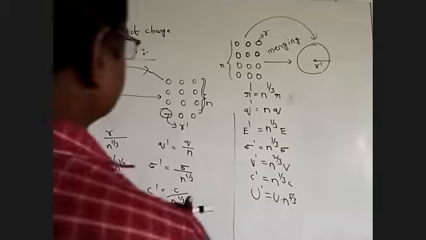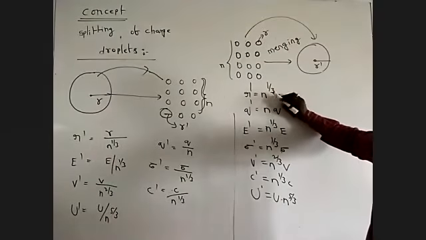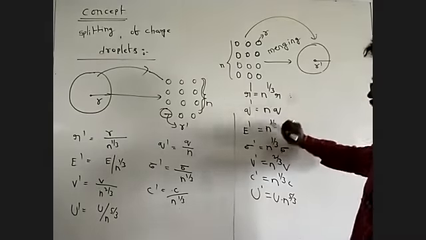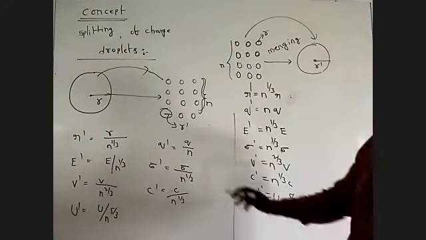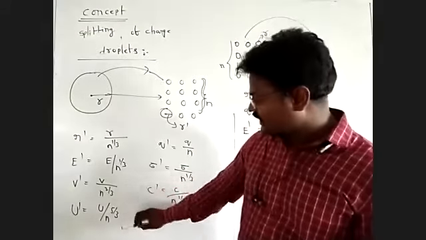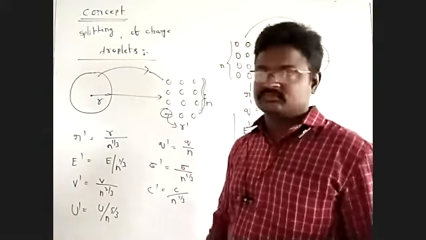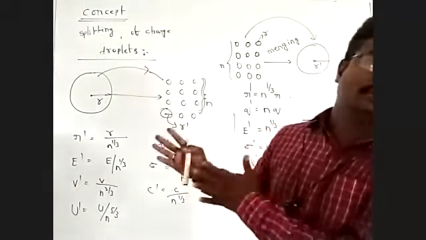You see the difference here. In merging, we have R into N power of 1 by 3, E, V, C, and U multiplied by N powers. But here, R by N, E by N, V by N, U by N, Q by N, sigma by N, C by N. That means a large drop can be split into small parts.